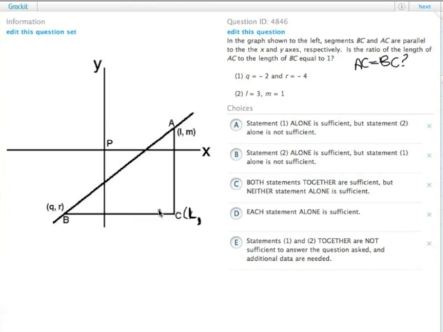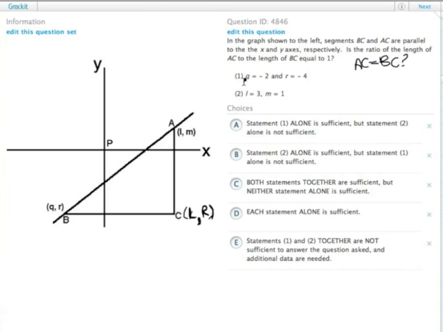And because BC is parallel to the x-axis, it's going to have the same y value as point B, slope of 0. Its second value is going to be R. So if we can find these, we should be able to do the distance formula or just subtract to figure out whether these are the same.